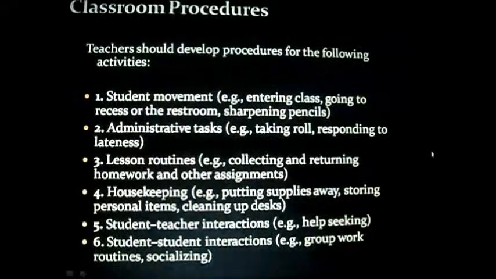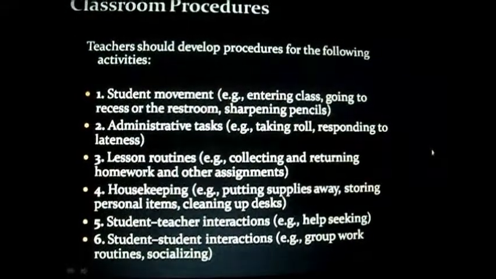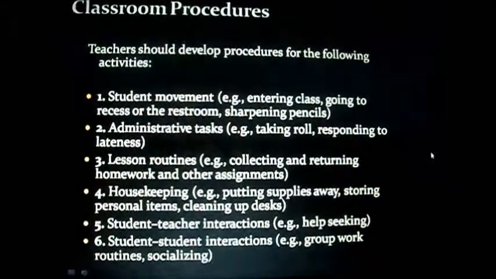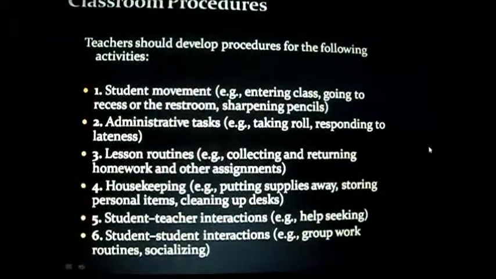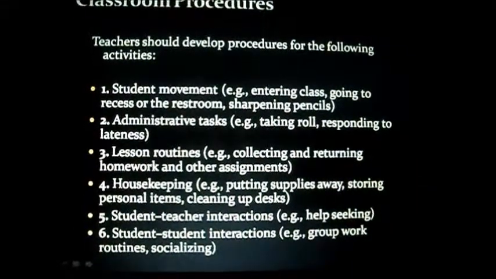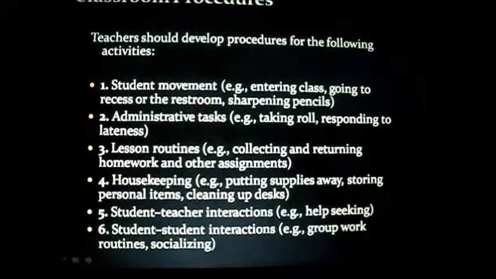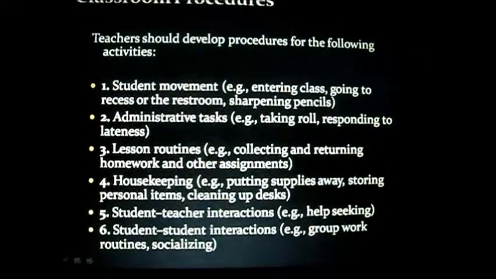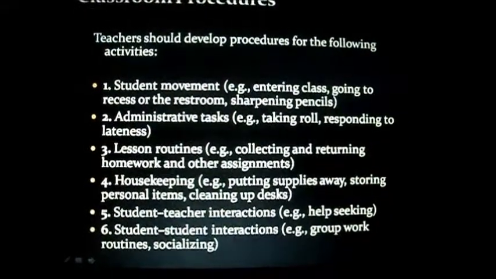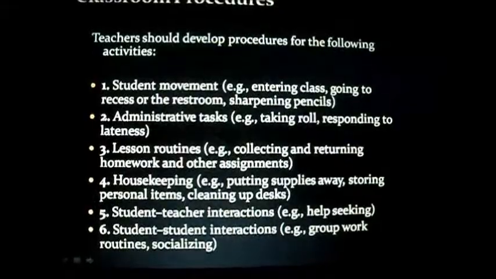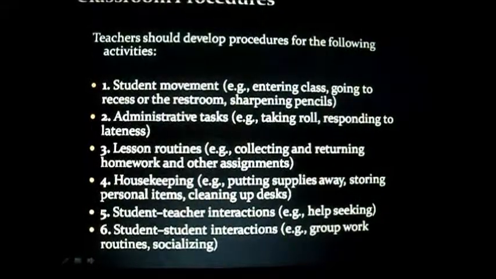Number 4 is housekeeping: putting supplies away, storing personal items, and cleaning up the desks. Fifth is student-teacher interactions, such as helping. And lastly is student interactions, such as group work, routines, and socializing.